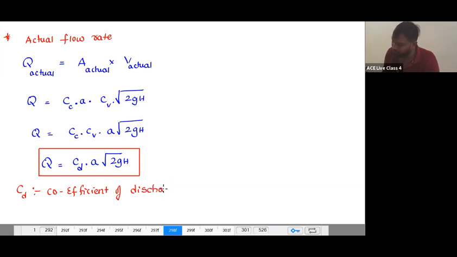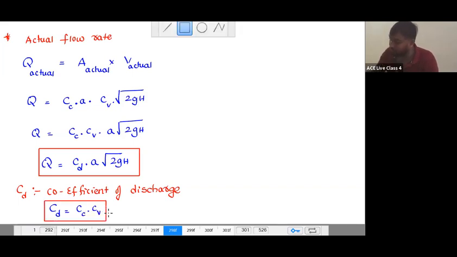Okay, and this CD can be written as CC into CV, right? Which is nothing but actual discharge by theoretical discharge. You know the meaning of CC: actual area by theoretical area. CV: actual velocity by theoretical velocity.